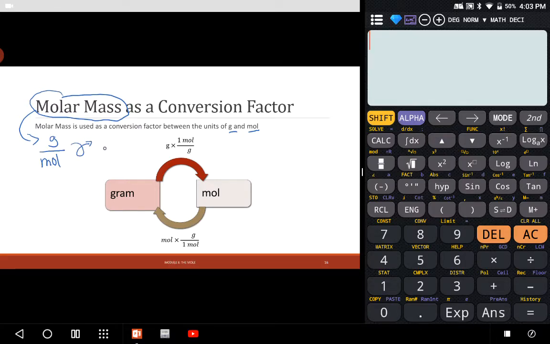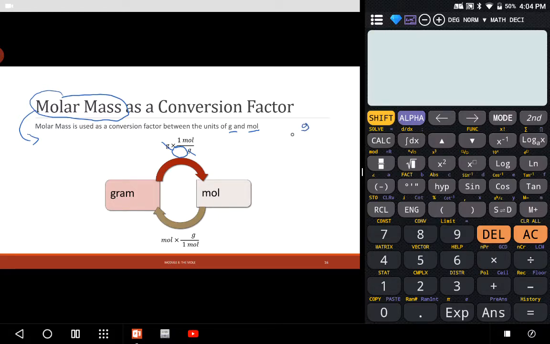And so if I need to, in dimensional analysis, I can put grams in the denominator in order to cancel out grams and end up in moles. And so if I need to cancel out grams and end with moles, my value from the periodic table will just go right there, and then I'll end up with moles.